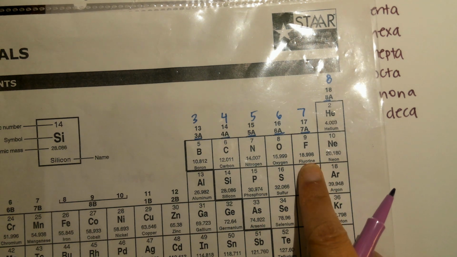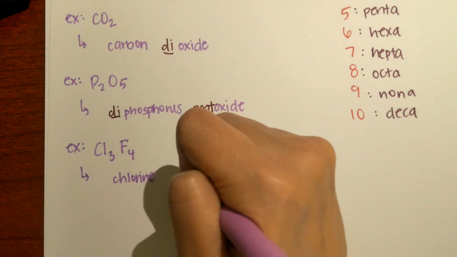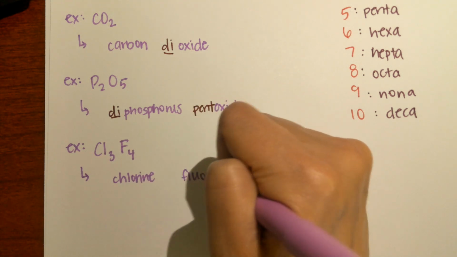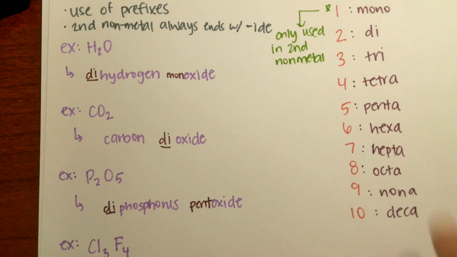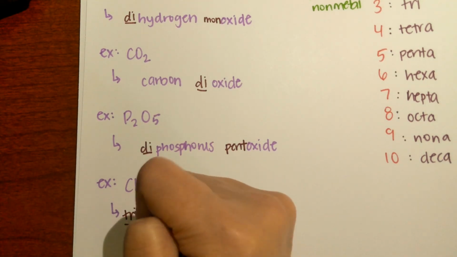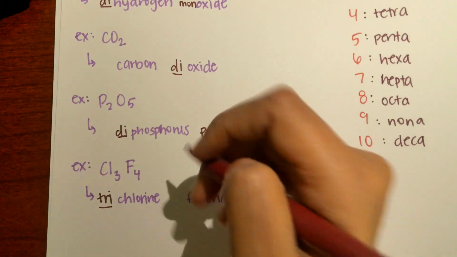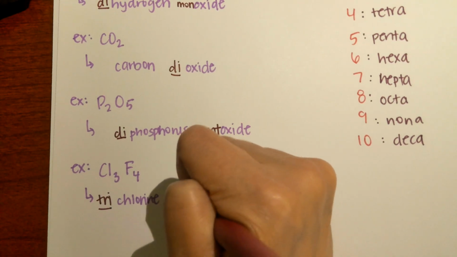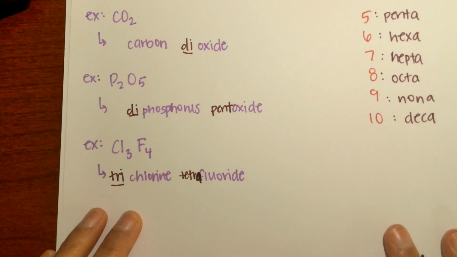Again, we change the ending, so fluorine turns into fluoride. Then we use our prefixes. We have Cl3, 3, the prefix is tri, so trichlorine. And then 4 is tetra, tetrafluoride. Probably should have left more space, but trichlorine tetrafluoride.